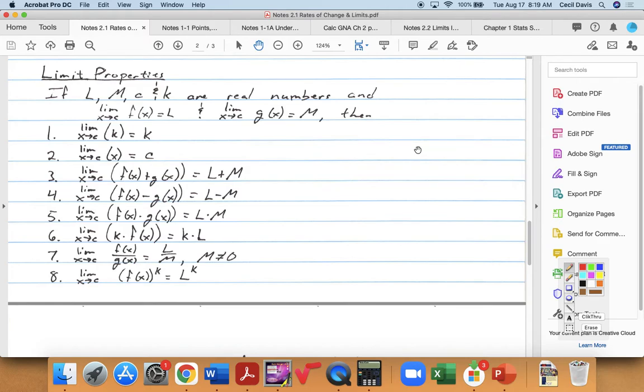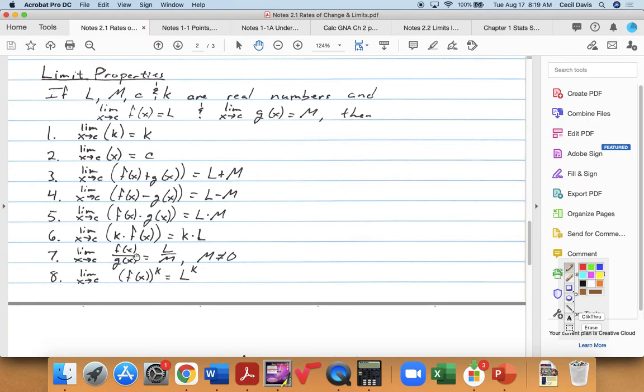For number 6 here, instead of multiplying two functions together, I'm multiplying times a constant. Well, I can just figure out what the original function goes to and multiply the constant by that. If you think about it graphically, if you multiply a quadratic, say, by 5, all the function values just get 5 times bigger, right? Same thing here.